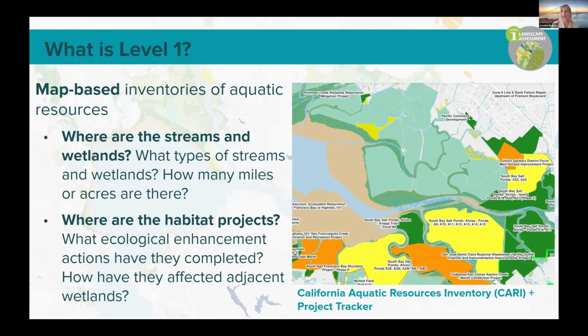Within EcoAtlas, there are two tools: the California Aquatic Resource Inventory, or CARI, which is a map of the best available streams and wetlands across the state, compiled from many different sources into a common classification system. And then also Project Tracker, which allows programs from all over the state to enter their project information in a standardized way.